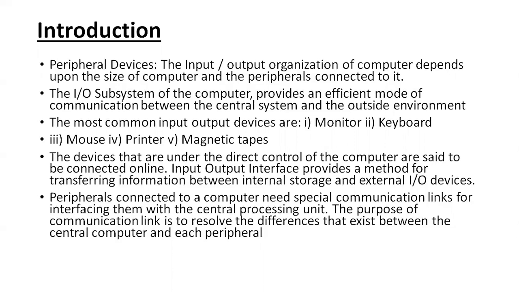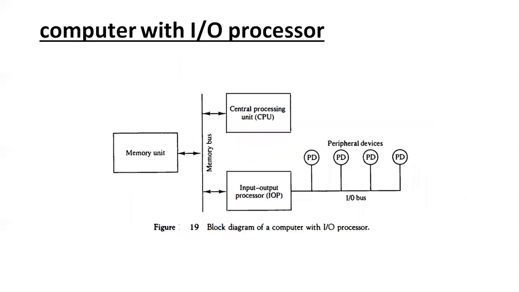The most common input-output devices are the monitor, keyboard, mouse, printer, and magnetic tapes. Devices that are under the direct control of the computer are said to be connected online.